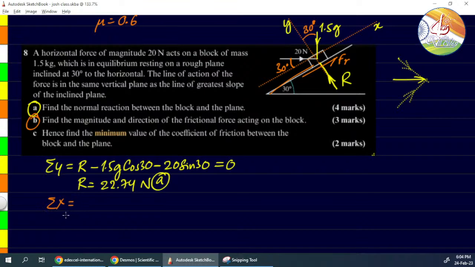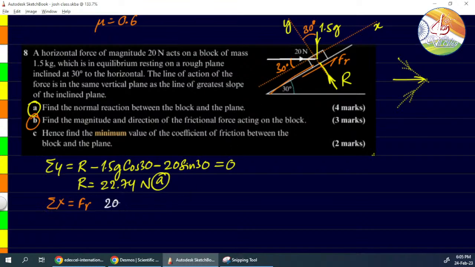So let's take all the x components now. Fr is in positive x direction. Then what are the other components? Tell me the components of 20 newtons. X component of 20 newtons. X component is cos 30.